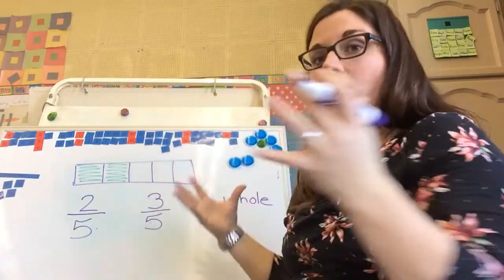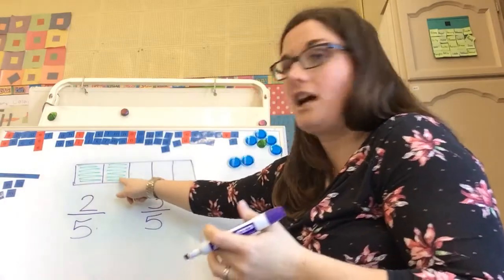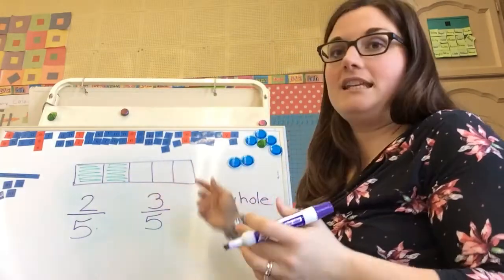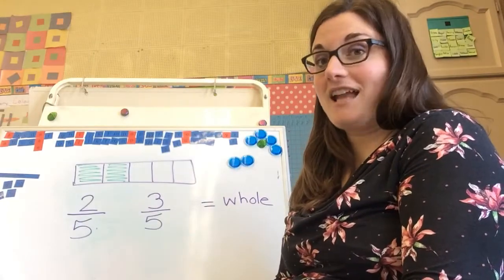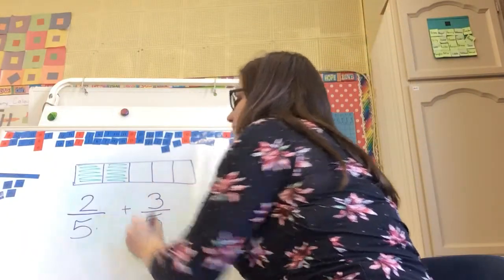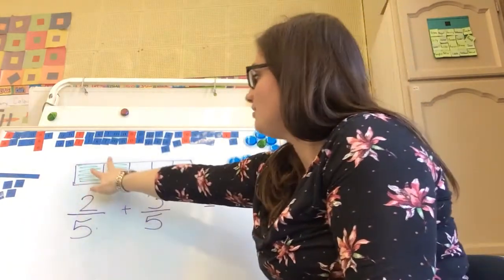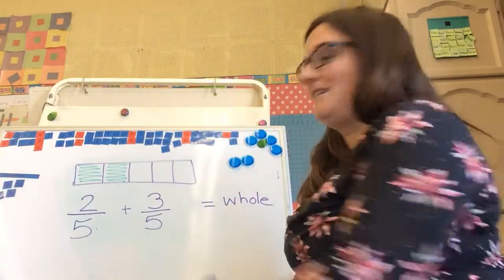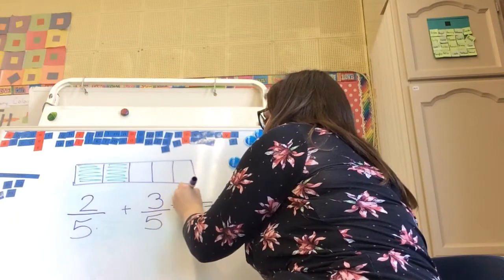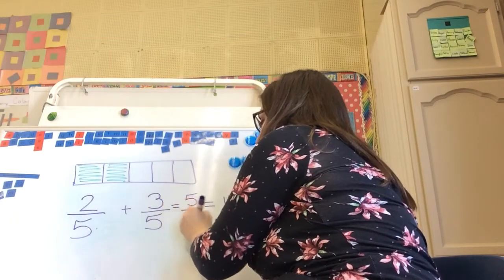Okay, so the whole thing is made up of the 2 colored ones and the 3 not colored ones. Okay, and I can actually write it like this. 2/5 plus my 3/5 equals 5/5.